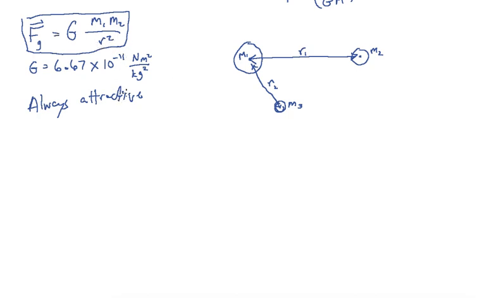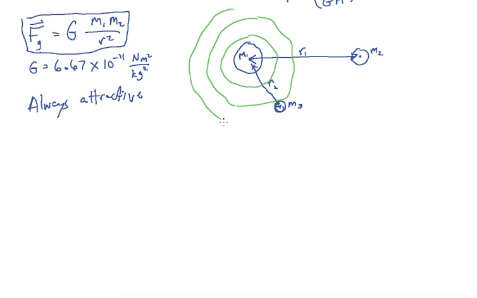This is because of the spherical symmetry. If this sends out a certain amount of gravity, as it goes out on a larger and larger sphere, the strength of that gravitational field spreads out over a larger and larger sphere. And remember that the area of a sphere is 4 pi r squared, and we just take that 4 pi and it's absorbed into G, and we have just that r squared.